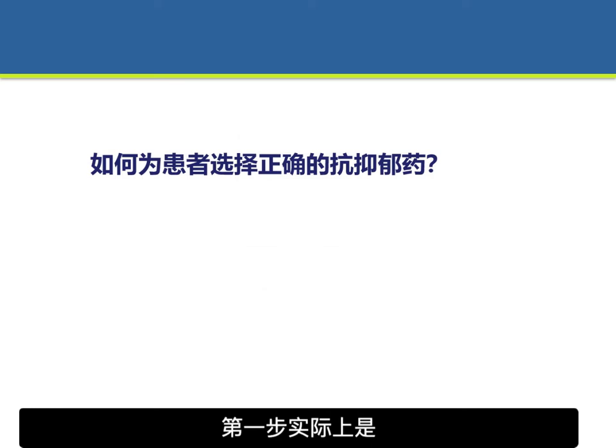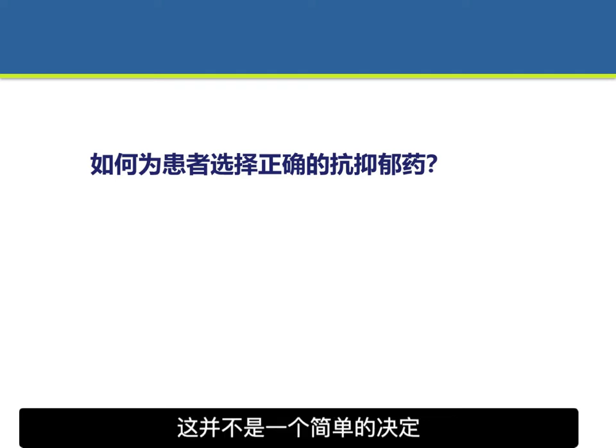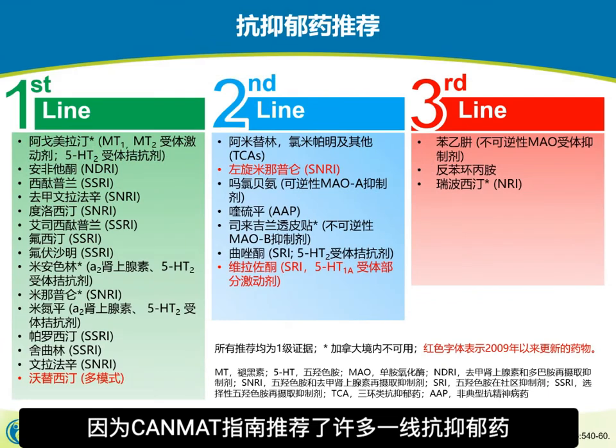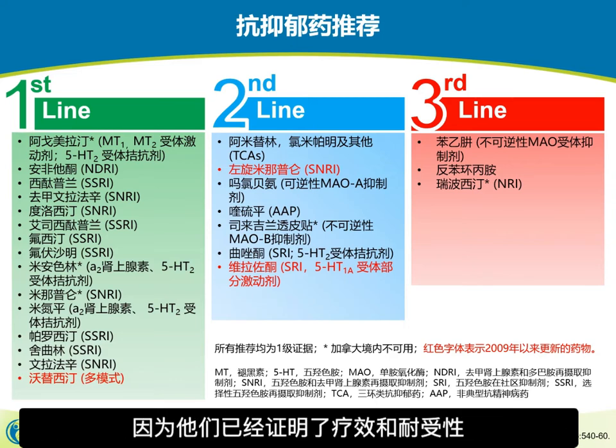But the first step is really, how do you select the right antidepressant for your patient? And this isn't really a simple decision, because the CANMAT guidelines have shown that there are many first-line recommended antidepressants. In fact, most of the newer second-generation antidepressants are regarded as first-line because they've demonstrated efficacy and tolerability.